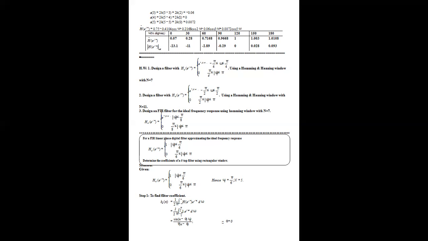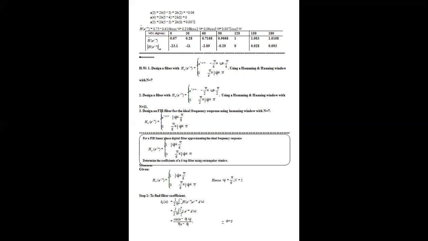The first step, we have to find the filter coefficients. We know that h_d of n is equivalent to 1 by 2 pi integration from minus pi to pi of H_d of e power j omega into e power j omega n into d omega. So 1 by 2 pi integral from minus pi to pi of e power j omega n into d omega.